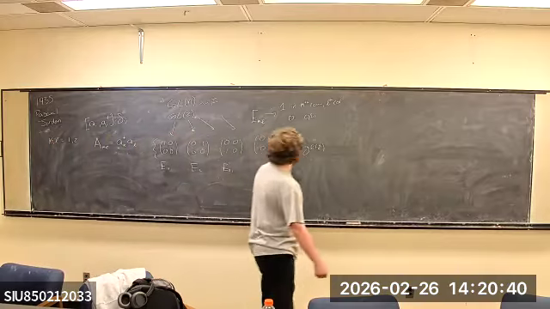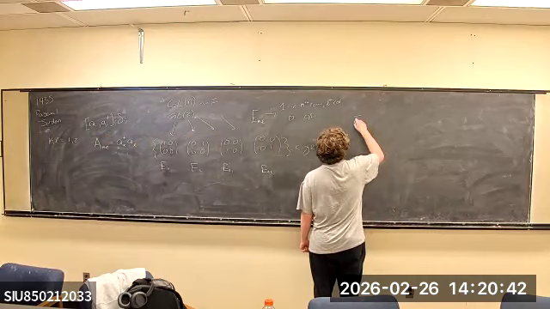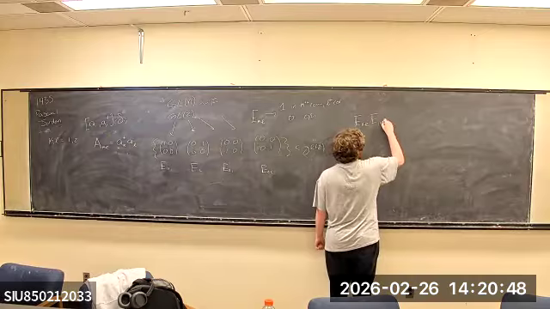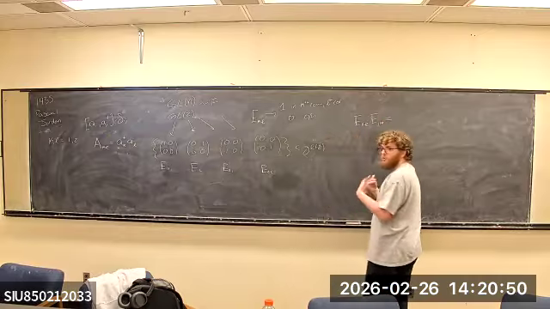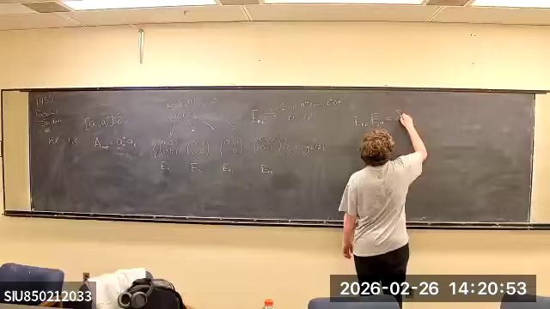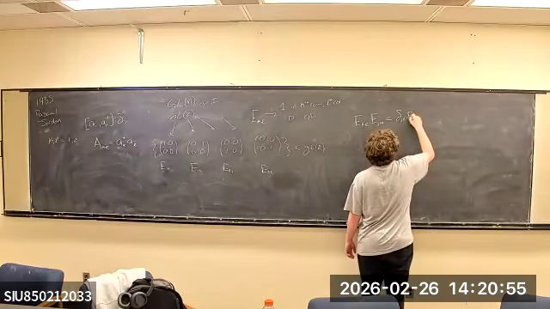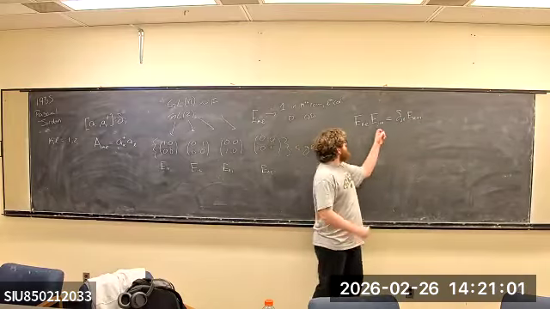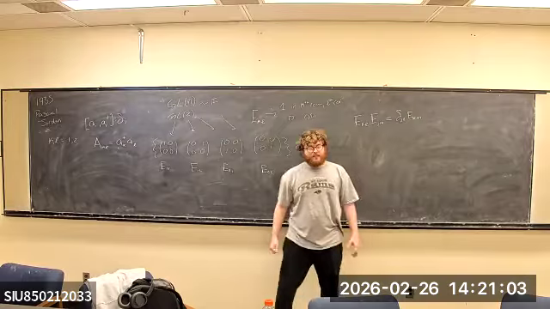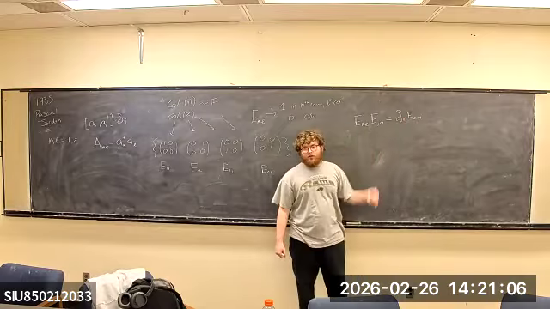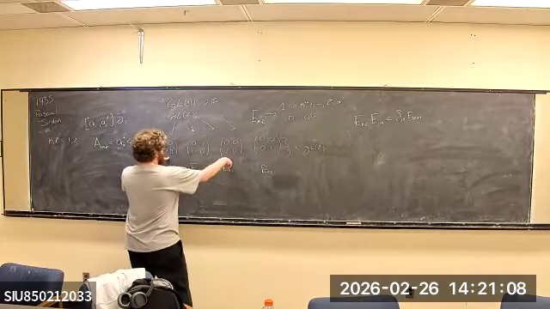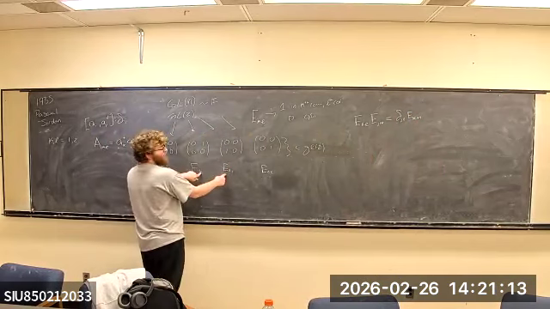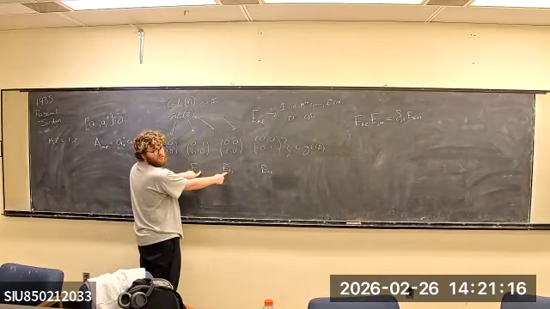One thing to note of these E_kl: E_kl times E_jm, if I'm multiplying two of these elements together, I get delta_jl E_km. So I only get an element if the inner indices agree, and then that element's position is located there. If I multiply these two together, I get 0, because these don't agree, but I can multiply these two together because this 2 and this 2 agree, and so on and so forth.